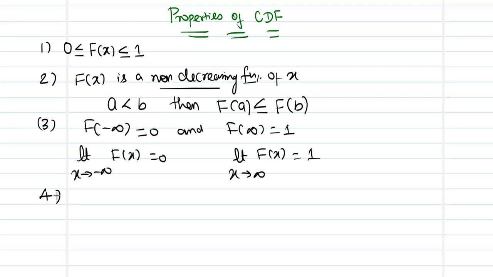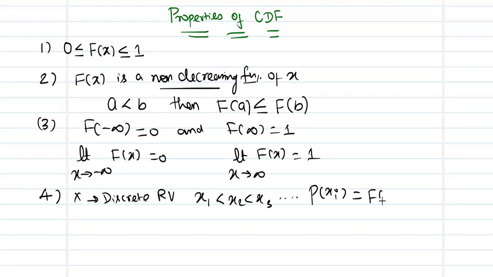Property number 4. If X is a discrete random variable such that x1 is less than x2, less than x3 and so on, then the probability at any position, p of x i, can be obtained by the subtraction of two consecutive CDFs, namely F of x i minus F of x i minus 1.